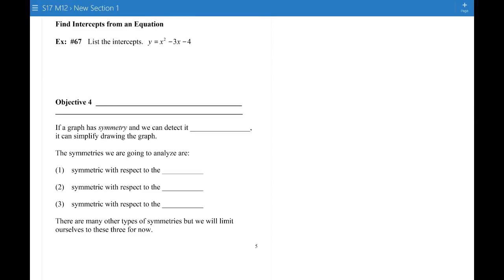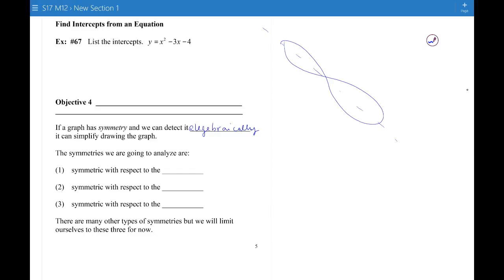And objective 4 is about testing for symmetry. If a graph has symmetry and we can detect it algebraically, it can simplify drawing the graph. Symmetry is when something has a shape that's repeated.